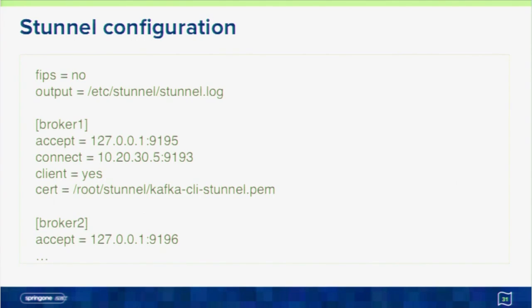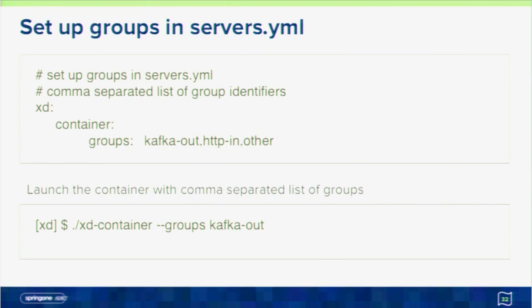Some other things that we chose to do: because we didn't want to put STunnel, the STunnel configuration and that port mapping on every single container in our ecosystem, we wanted to target the Kafka workloads to particular containers. Within the servers.yml file, there's a place called xd container groups where you can define group definitions.